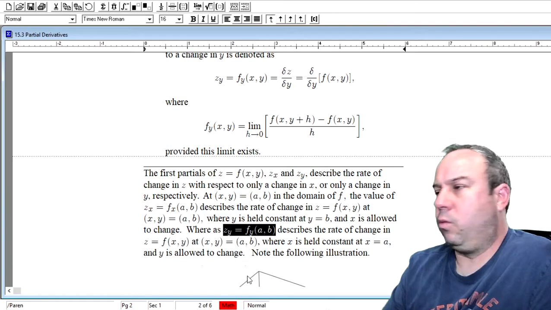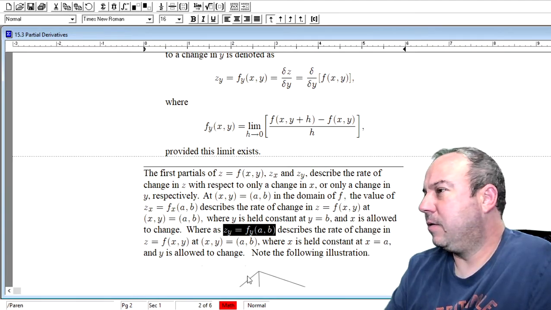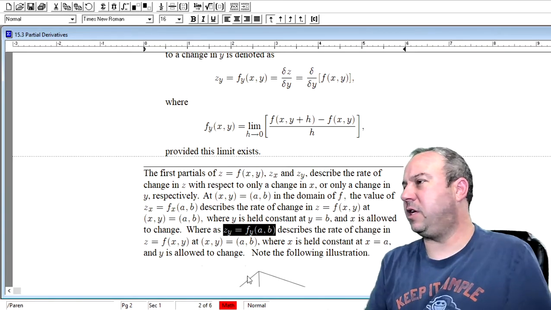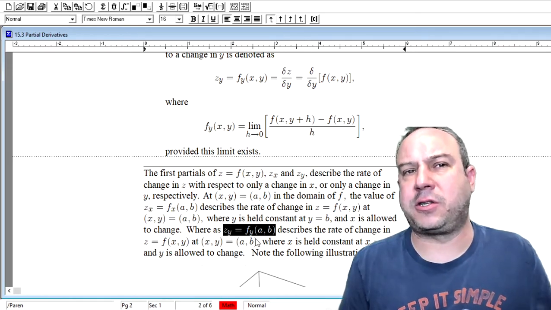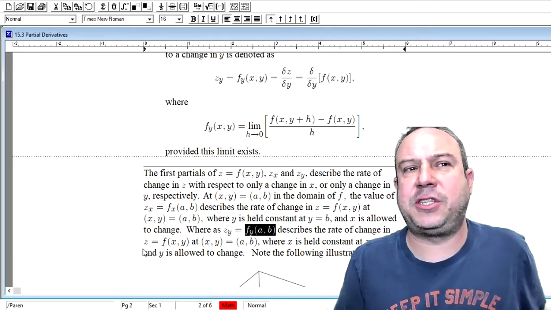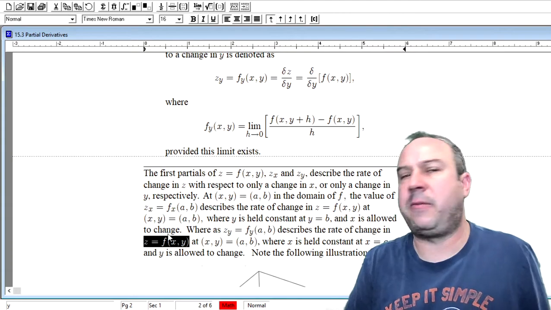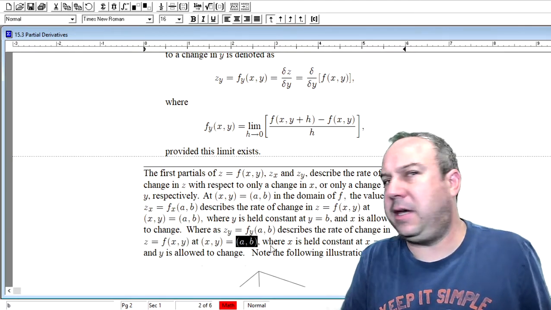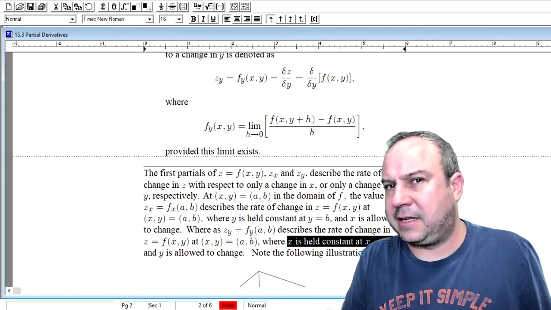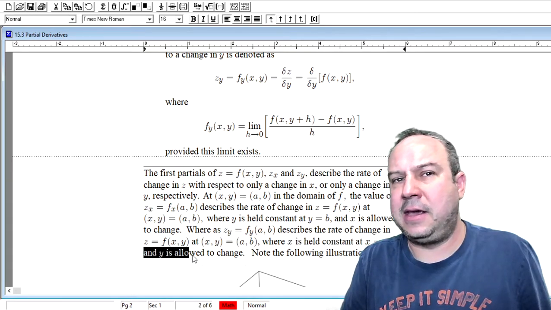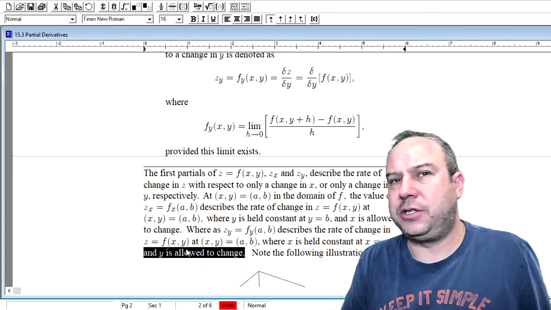Where z sub y, the first partial of z with respect to y, f's partial with respect to y at a comma b, describes the change in our function f of x comma y at a comma b, where x is held constant at x equal to a and y is allowed to change.